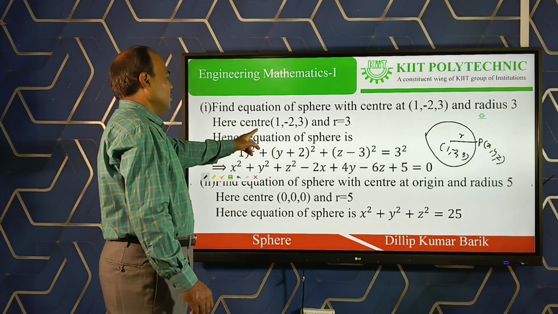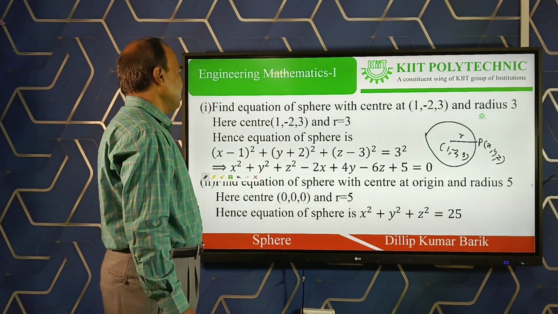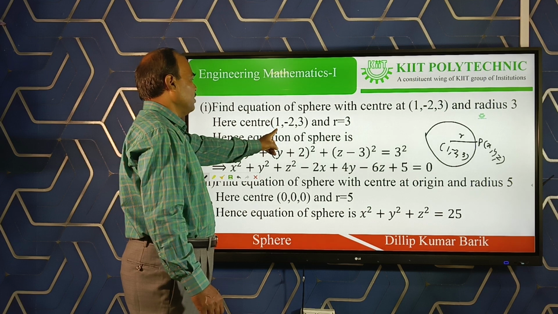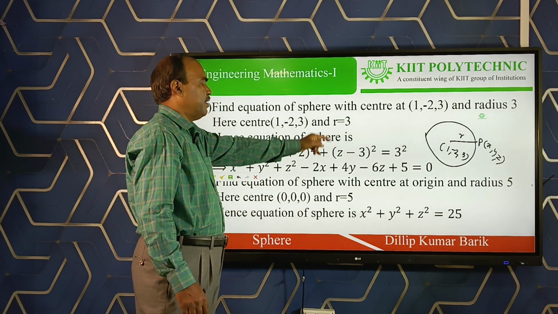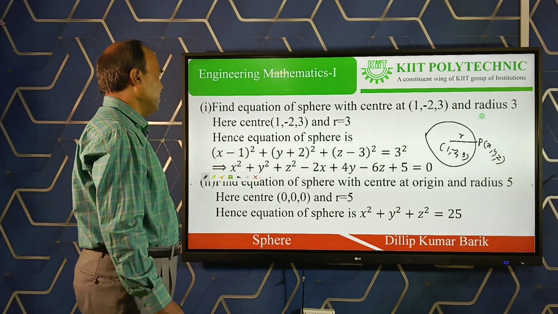Clearly, using the formula as before, a is equal to 1, b is equal to minus 2, c is equal to 3 and radius r is equal to 3.